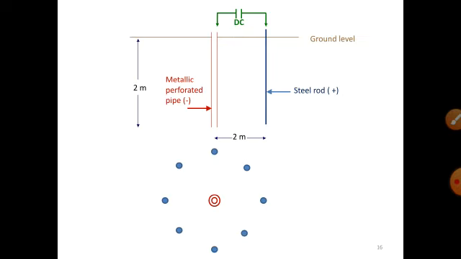Now the metallic perforated pipe and steel rod are connected and direct current is given. So water table goes down and water is flowing from steel rod to the perforated pipe.